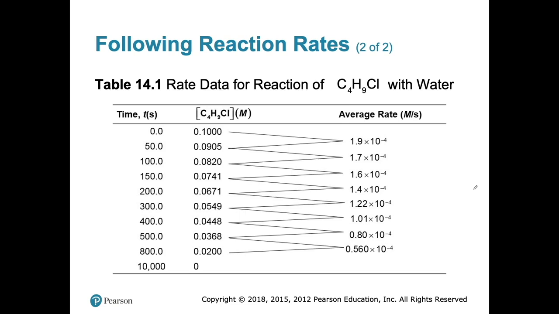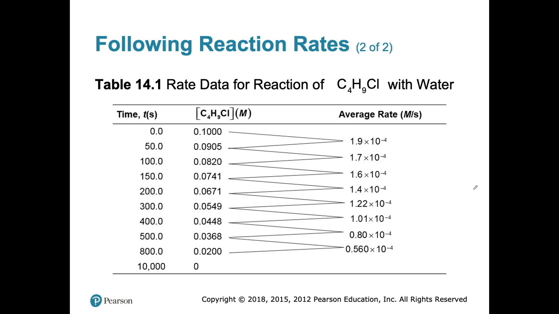At 50 seconds, it's 0.905. At 100 seconds, it's 0.820. At 150 seconds, it's 0.074, and so on. It is going down because over time, you're changing all of that chlorobutane into butanol and hydrochloric acid.